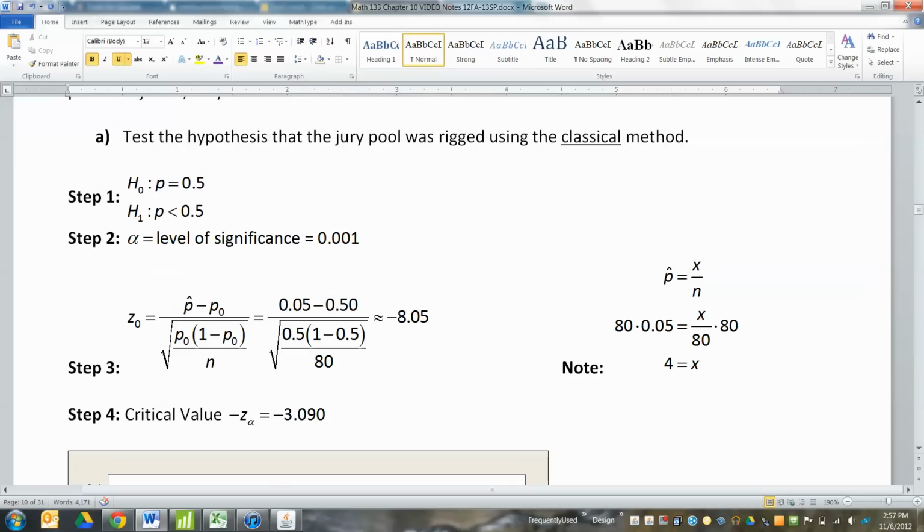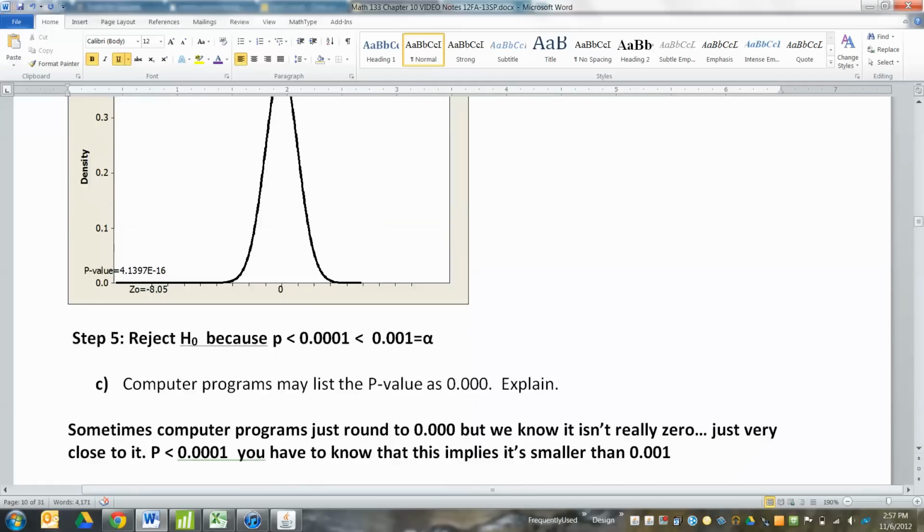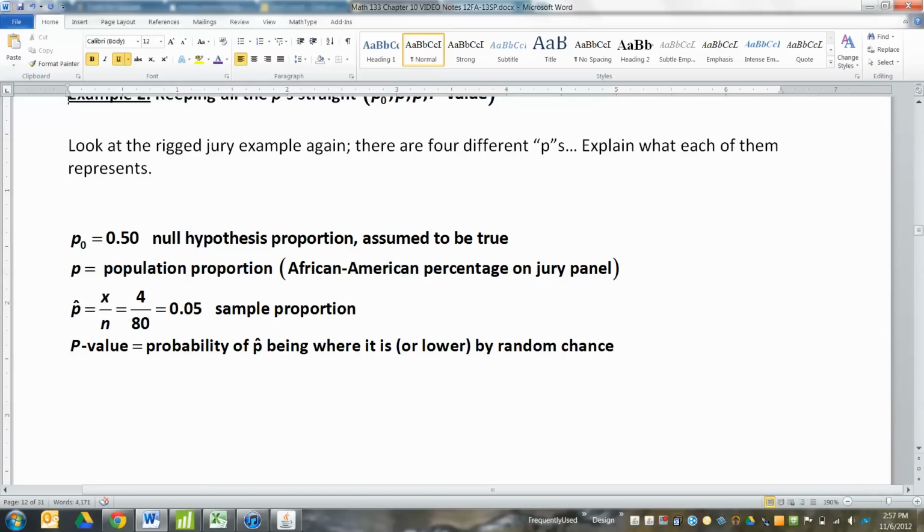Okay, so that's p0. P, got a little letter p right here, is the population proportion. We don't know what it is. We assume it's equal to that null value of 0.5, but we don't know. It's the African American percentage on that jury panel in our particular example.